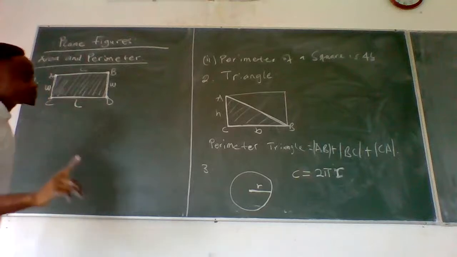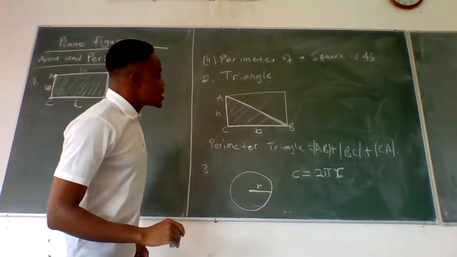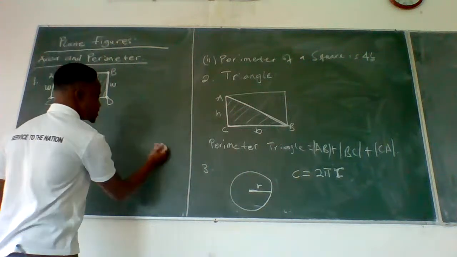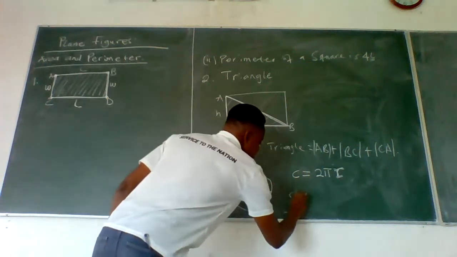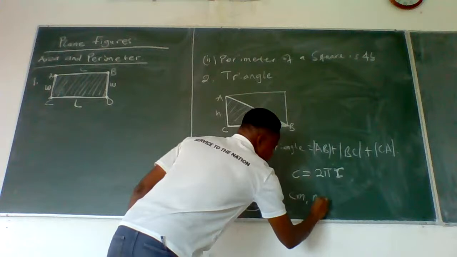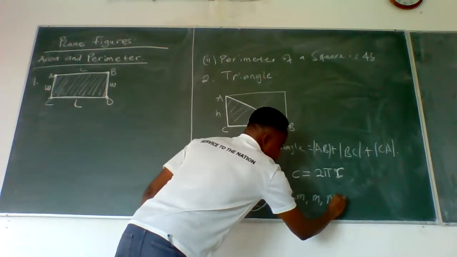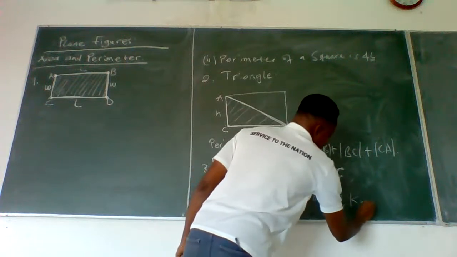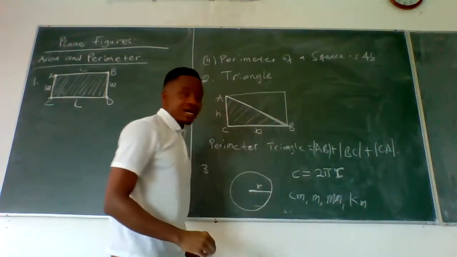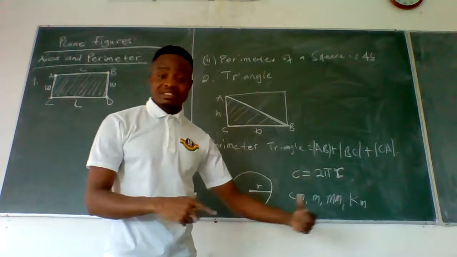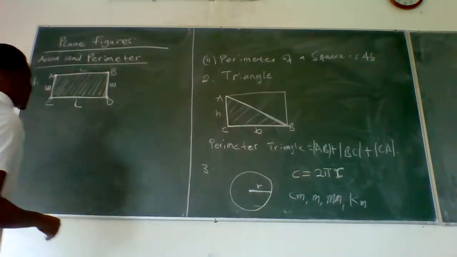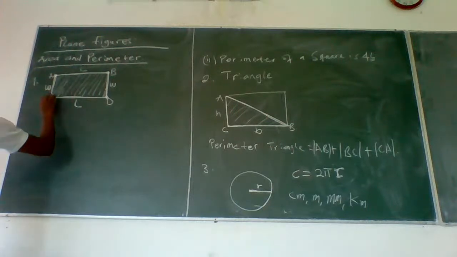And one thing, before I forget: perimeter is measured in centimeters, meters, millimeters, or kilometers, or whatever, without a square, because we are dealing with just one dimension. But when you come to area, you are multiplying this side by this.